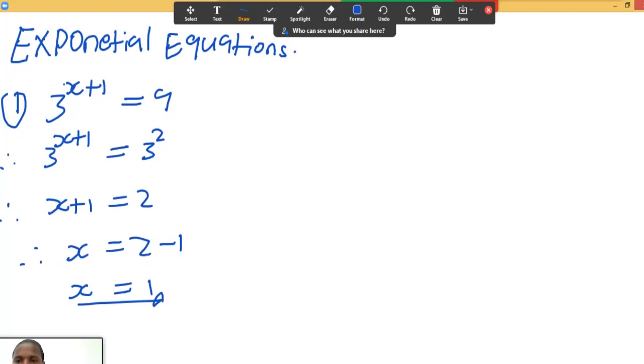Let's look at our second example. In this case, we have 2 to the power x minus 2 to the power 4 minus x is equal to 0, and we have to solve for x.